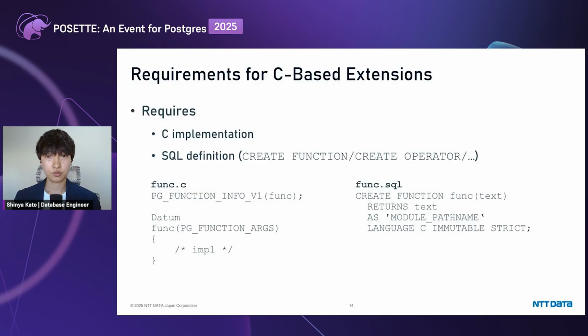Furthermore, if your extension provides more complex features like custom types or index support, you also need corresponding SQL definitions, such as create operator class or create operator family. As you can see, this means you need to implement and maintain both the C source file and all these SQL definition files.